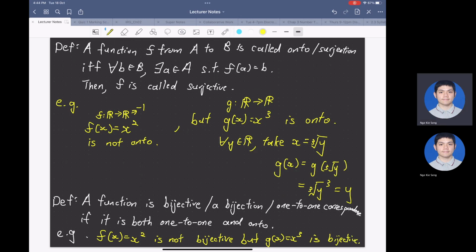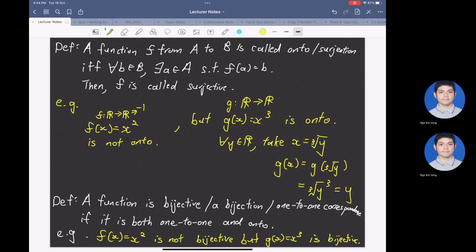Okay, this bijective sends element to element, so there's a one-to-one correspondence between the elements, so they actually can tell the cardinality of the set. So if you have a bijection between two sets, that means the two sets have the same cardinality. To link back to what you learned last week.